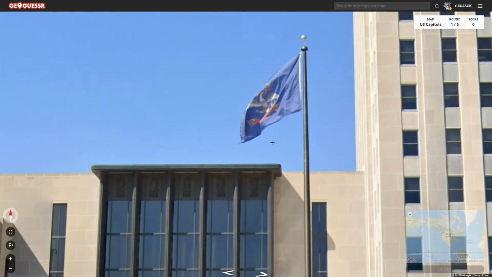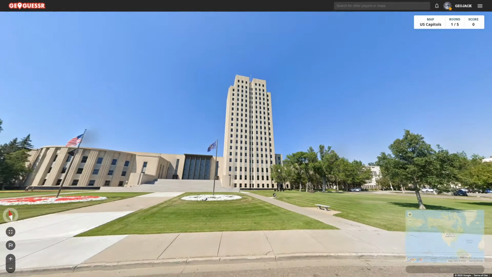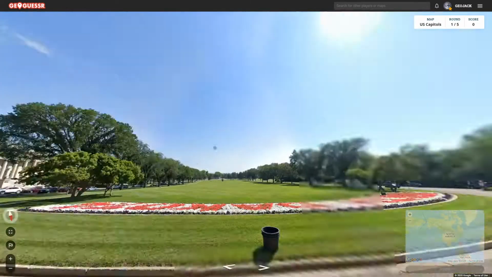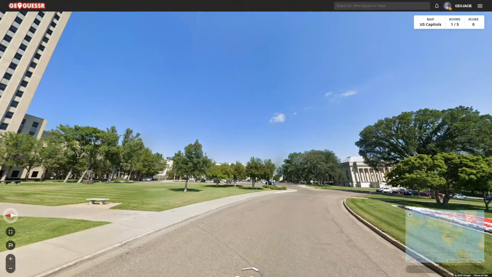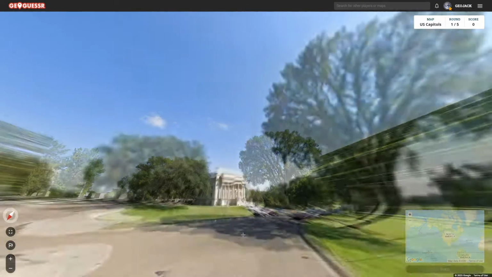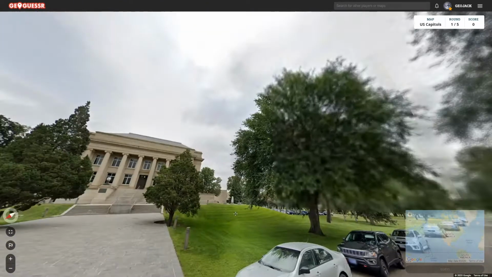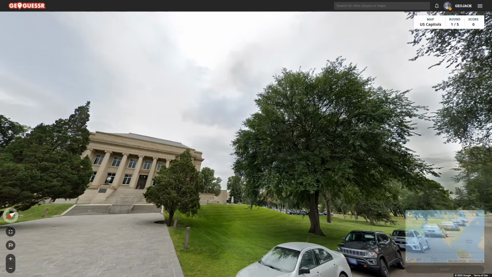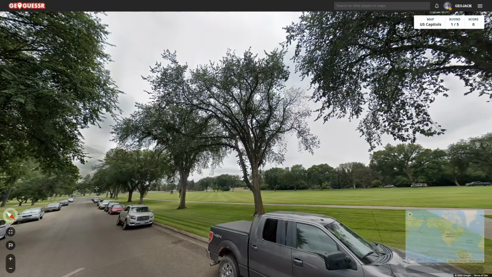If you know your US state flags, you might be able to tell where this is. I've not got a clue. But if I was to guess from our location, I'd say we're in the north of America, probably northeast, because you get a lot of these deciduous trees in the northeast.